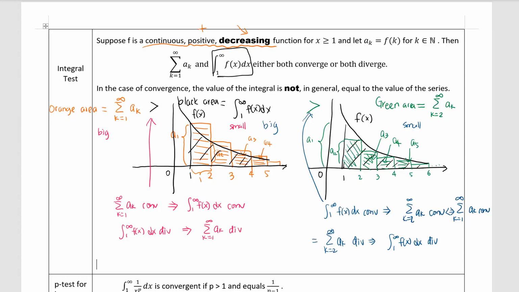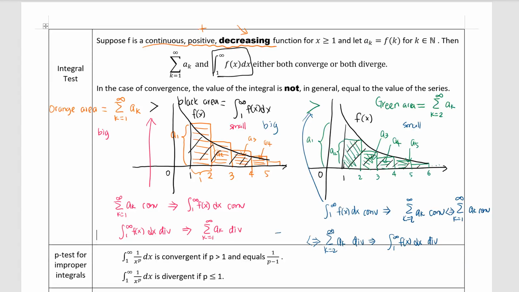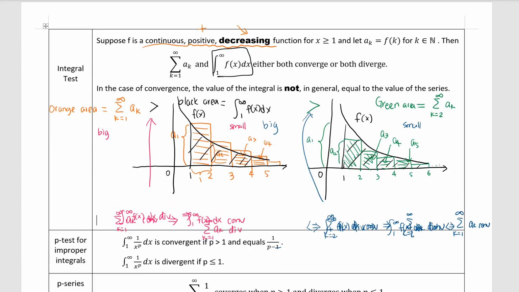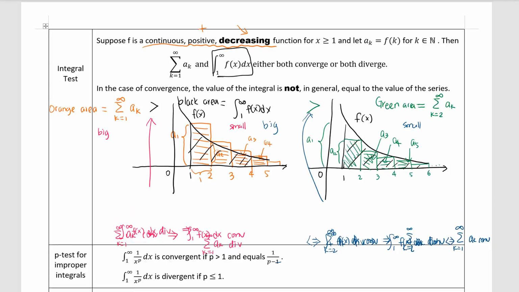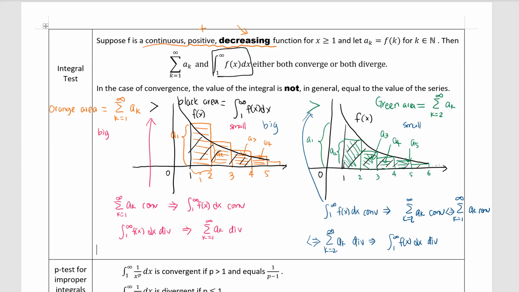But remember, whether a series diverges or converges does not depend on the finite number of terms. Okay, it actually depends on the tail. So this is the same as saying k from 1 to infinity of a sub k diverges.